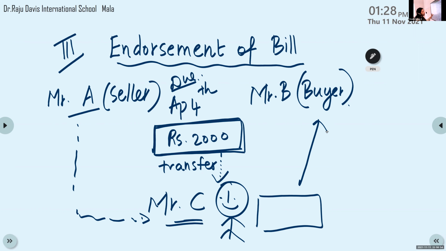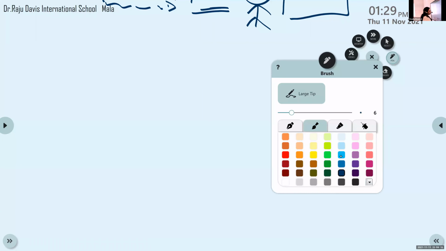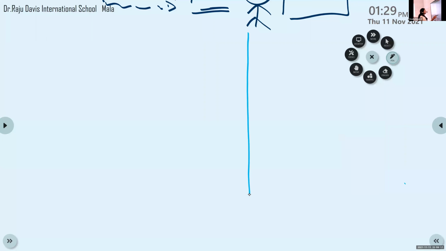Simply the bill is being transferred to C. Clear? So, for this particular case, how is the journal entry passed? We are going to see the journal entry regarding this endorsement of bill both in the books of drawer as well as drawee.